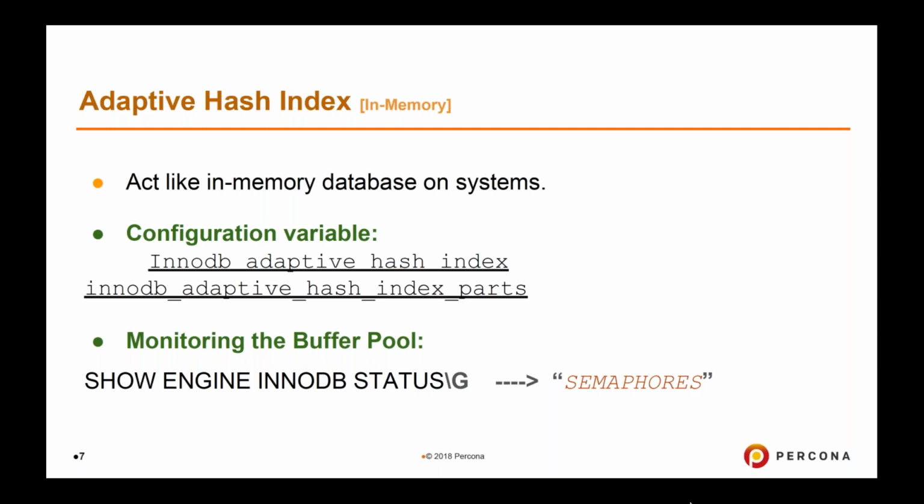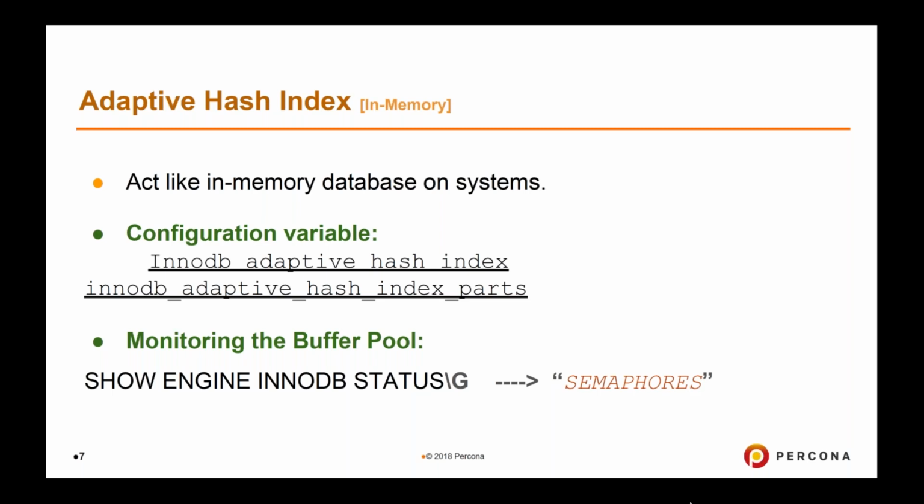When you're moving to memory, the B-tree will not work. That's the reason, to apply indexes on data in memory, MySQL creates hash indexes automatically on that data in memory. This is done by the adaptive hash index part, which is handled by MySQL.